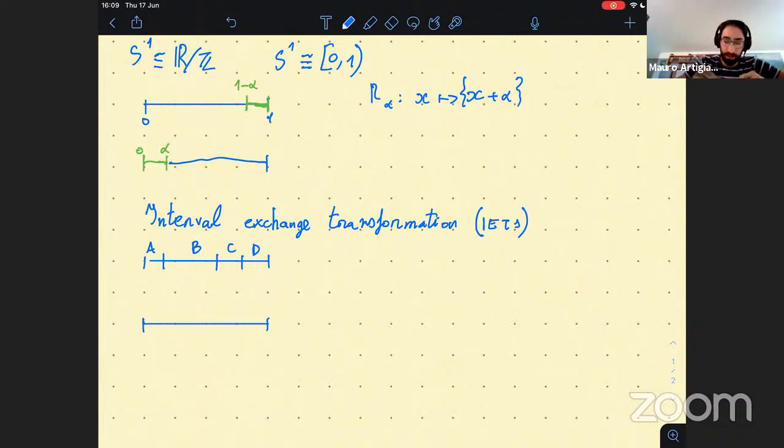Maybe interval D goes to the beginning here, and C goes here. Then I have a longer one, which is B, and this is A. I don't know if they are exactly the same size, but approximately. So I simply translate this interval A here, this interval B here, and so on. The important thing is that I start with a partition of my interval, and I end up with a different partition.